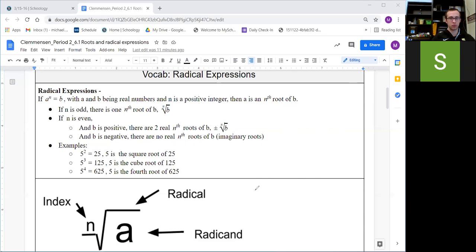We have, just like we've seen before, some very basic ones like the square root, which is our basic one where we have the invisible 2 out front. Then we have our cube root, which is our next regular one we see. Then we keep going up from there. Fourth root, and then fifth root, and just keep going up.